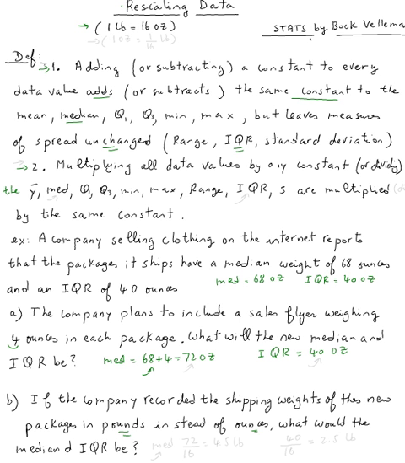Therefore 1 ounce will be equal to 1 over 16 pounds. So to go from ounces to pounds, we need to divide by 16. So dividing by 16, I need to use number 2 of the definition, multiplying or dividing.